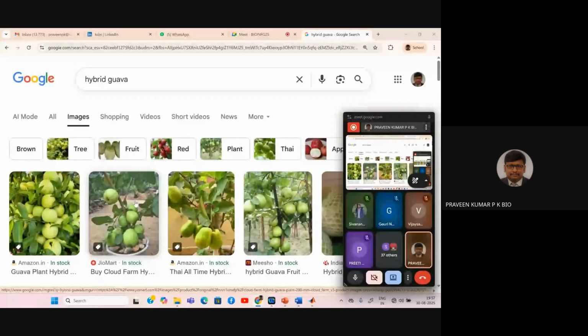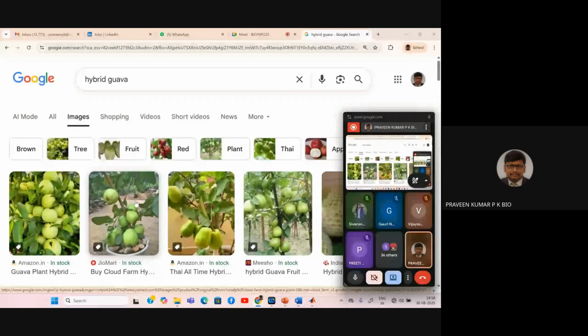If it is a fully hybrid, then you don't find even a single seed. But how do we go for gene silencing to not produce seeds? For this, we need one gene, isn't it? So we take a particular gene in the raw guava and we silence the gene.